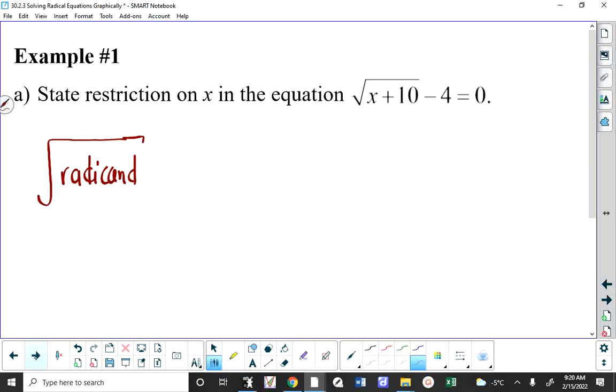And your restriction will always be that the radicand must be greater than or equal to 0. Just like you couldn't take the square root of a negative y in the last lesson, you can't take the square root of a negative radicand. So what does that translate to in this particular question?